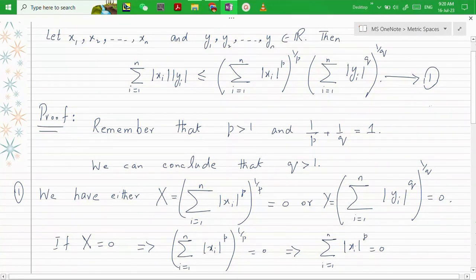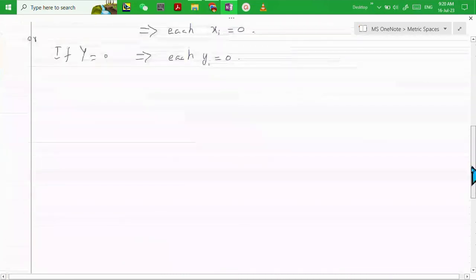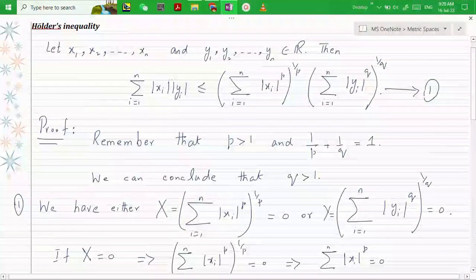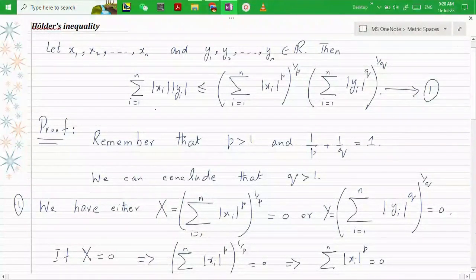In the same way, if we have y equals to 0, then each yi equals 0. Then what happens? In the same way, on the left hand side this quantity equals 0, and on the right hand side this quantity equals 0.